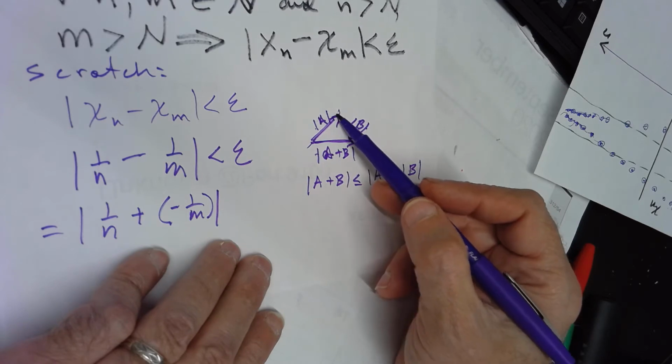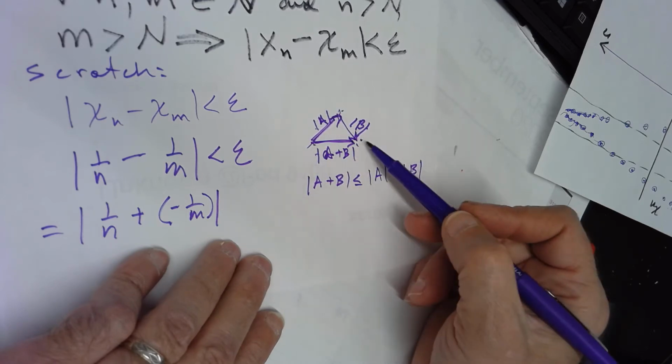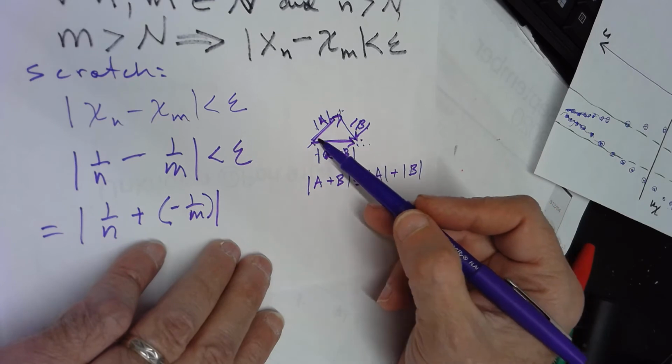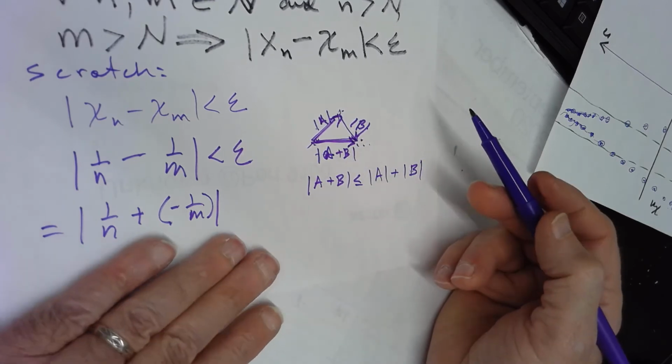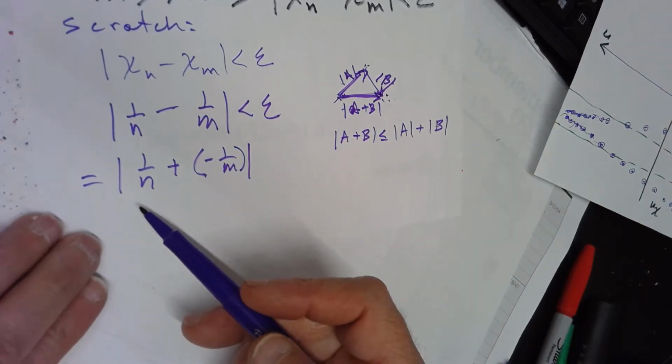The magnitude of side A plus the magnitude of side B is greater than or equal to the magnitude of the two vectors added together. So we can do that here as well.